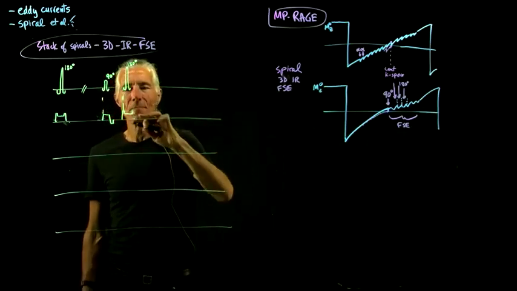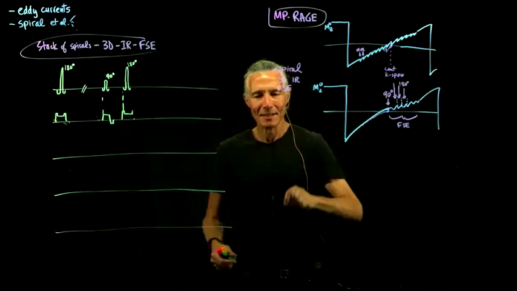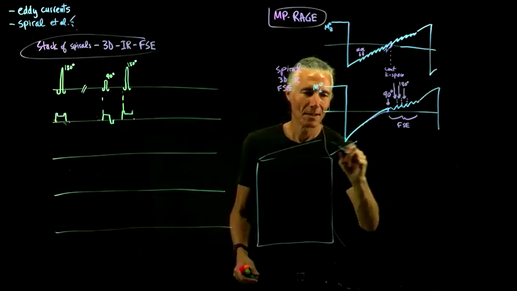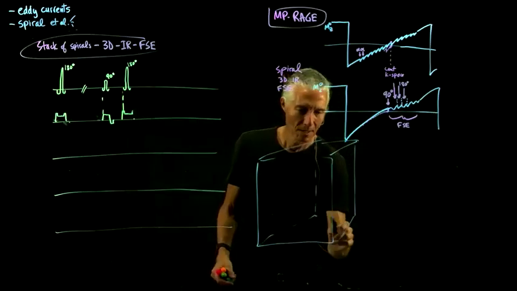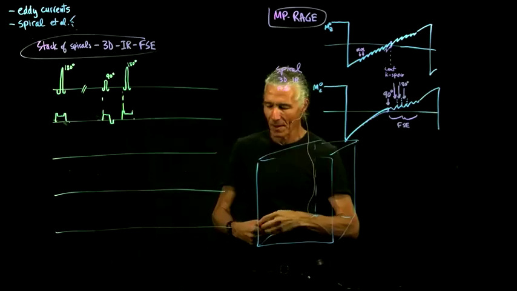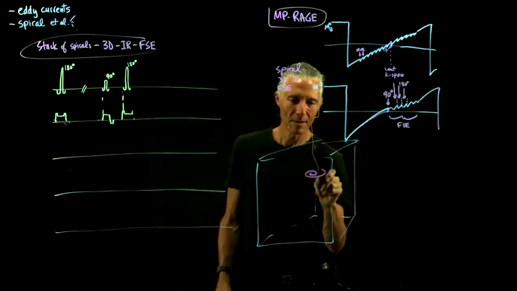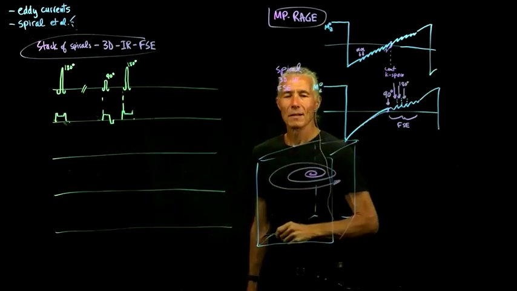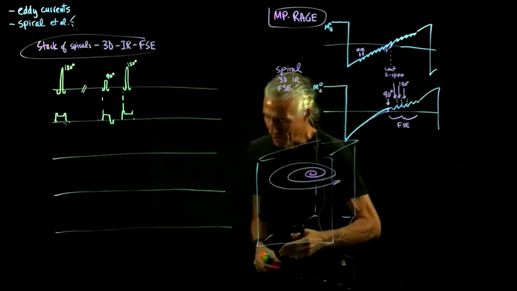We do a stack of spirals, and so what does that look like in K-space? So here's our K-space. So the idea is we do one spiral up here, and then at some later point we do.